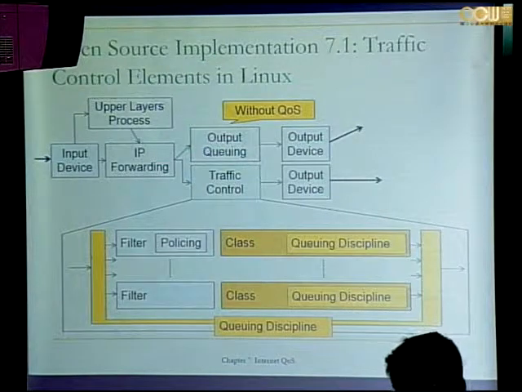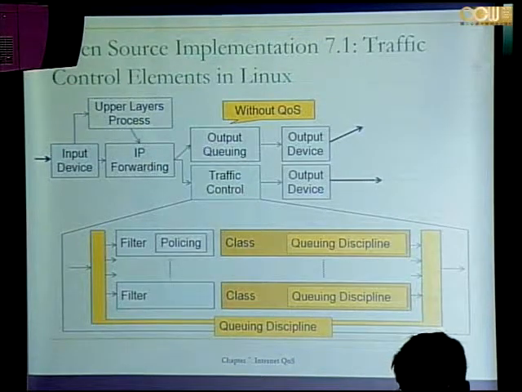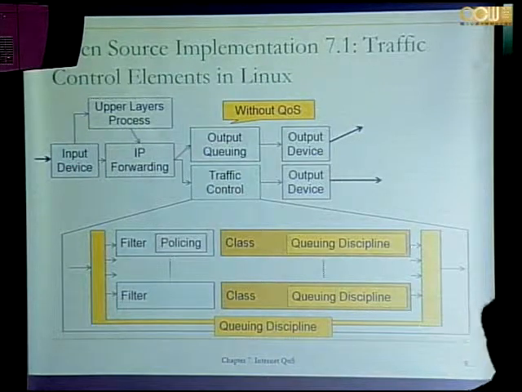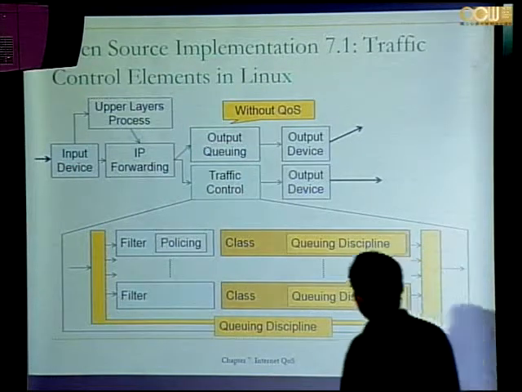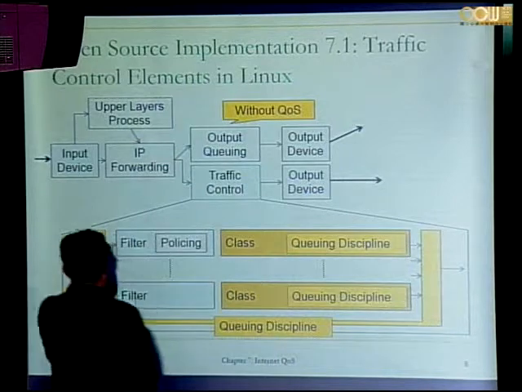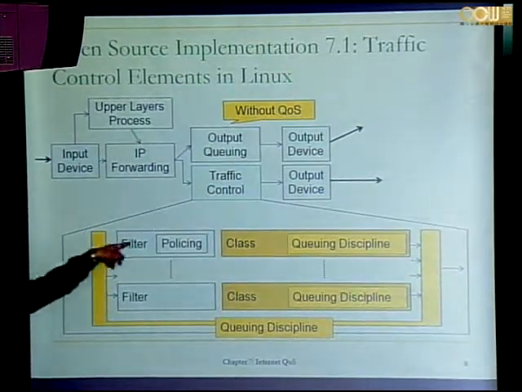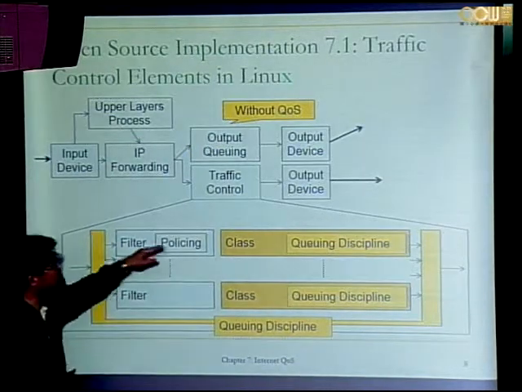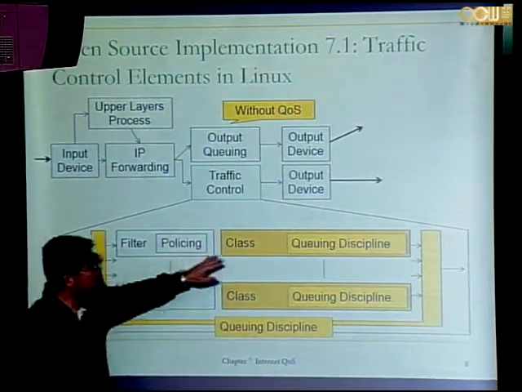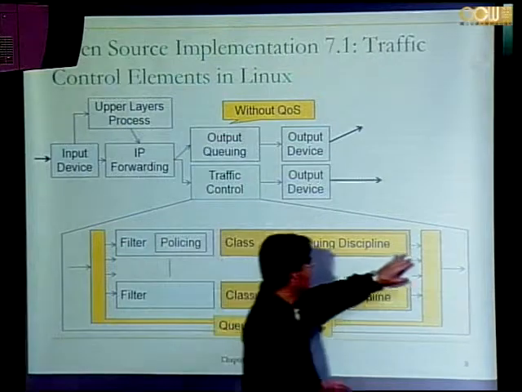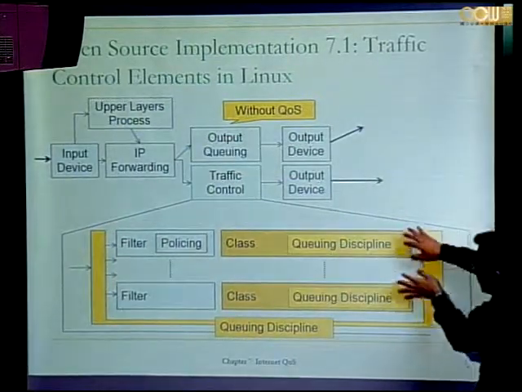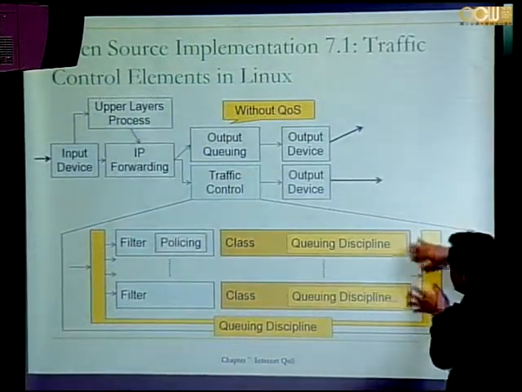However, the data plane mechanisms about classification, policing, and scheduling are implemented in the kernel. So here you will see there's a classifier. It does packet classification, and then policing, and then scheduling. There's a scheduler here, multiple queues, and it does scheduling here.